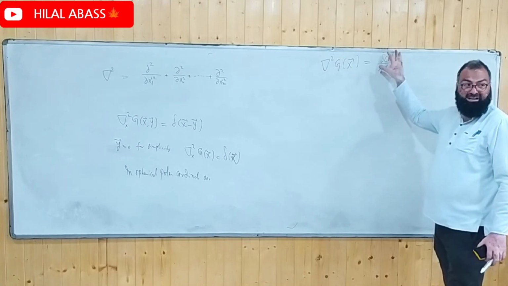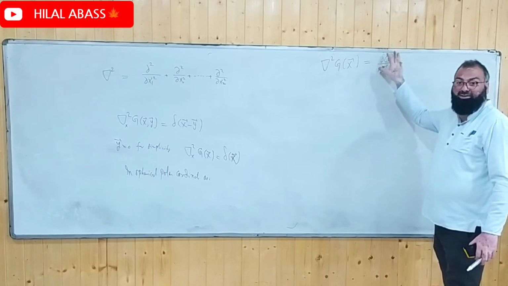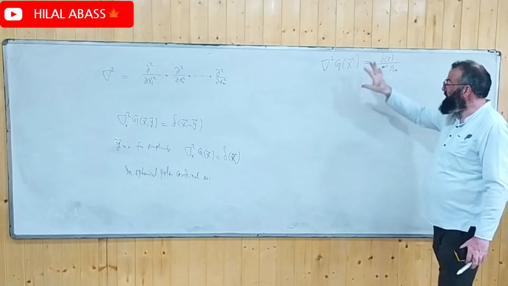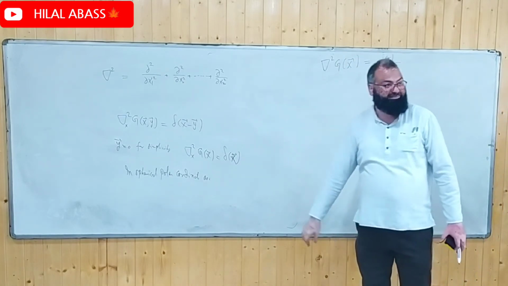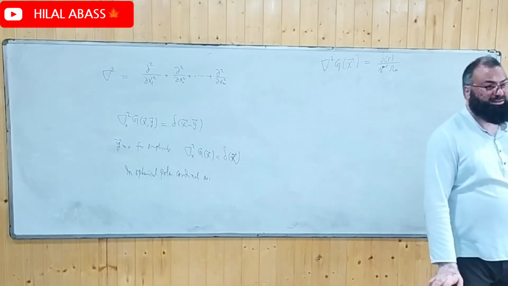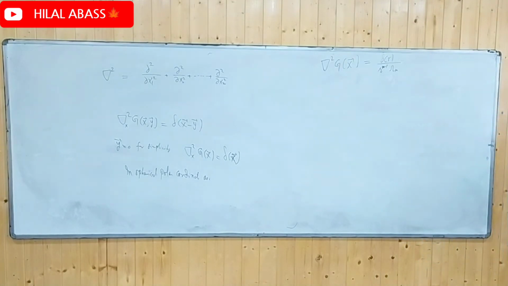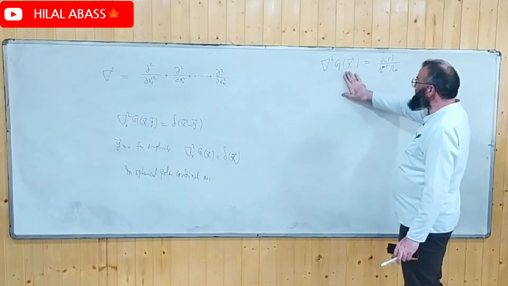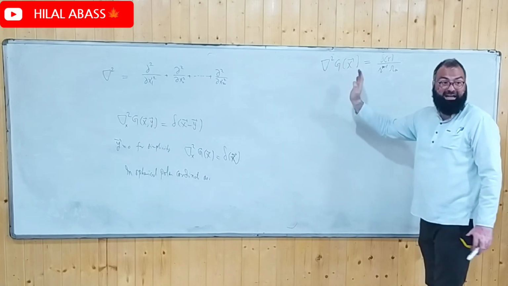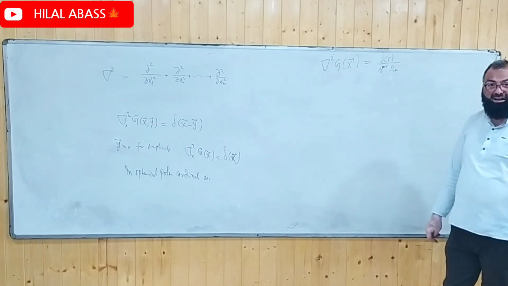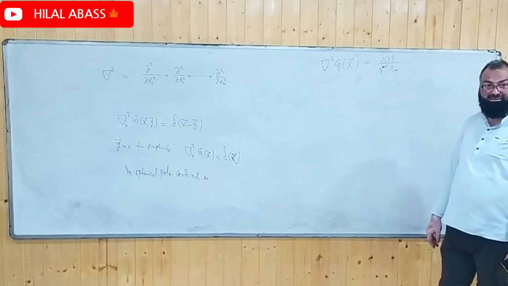It does not depend on theta and phi. Clear? It does not depend on angles anymore. It means this g should be spherically symmetric. Clear? So in other words, this g must be dependent on r only. It should not depend on theta and phi or any other angles. You got it?